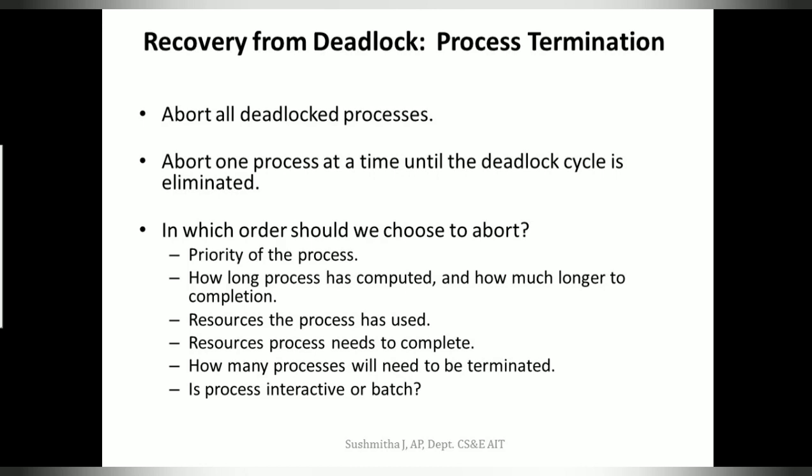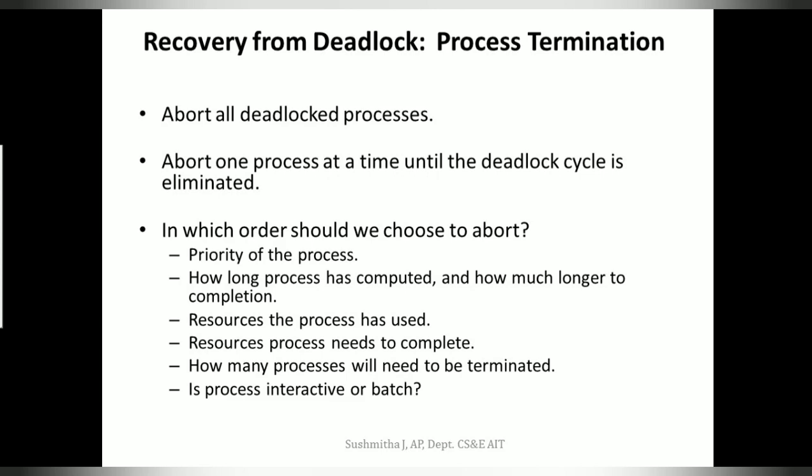The other way is where we abort one process at a time and check if the cycle is eliminated. We have seen the mechanisms of how to detect if there is a deadlock. So every time after aborting a process, we run the detection algorithm to check if there is a deadlock or not.